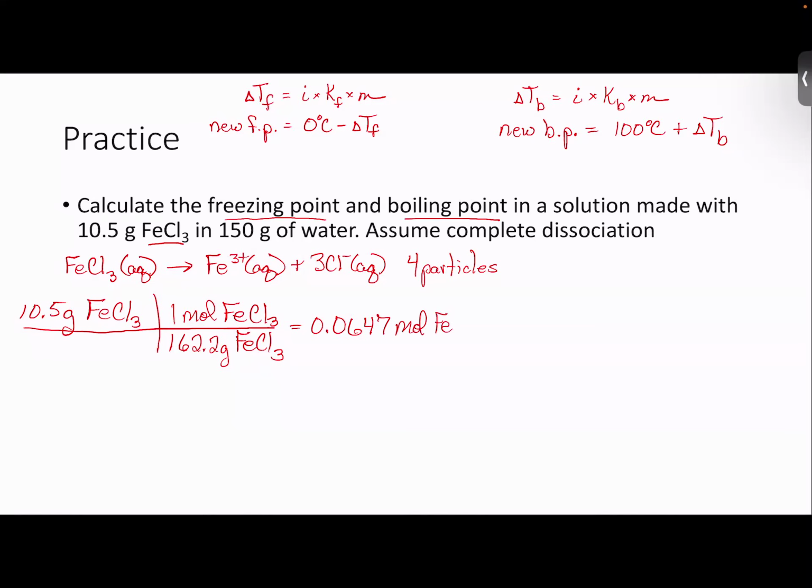moles of FeCl3. The water, we would convert into kilograms of water because molality is moles of solute over kilograms of solvent. We convert that into kilograms of solvent using the metric prefix conversions.